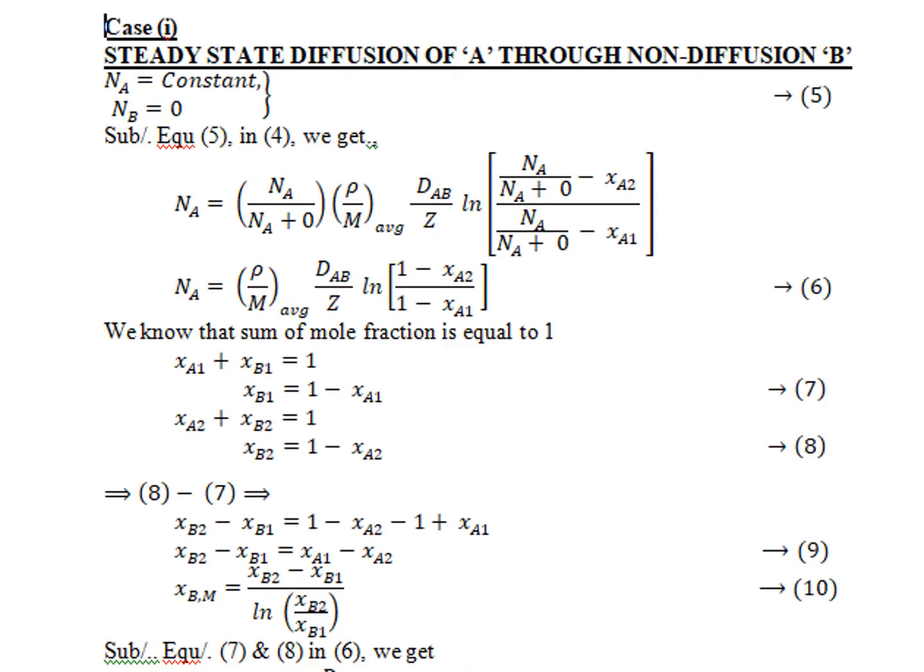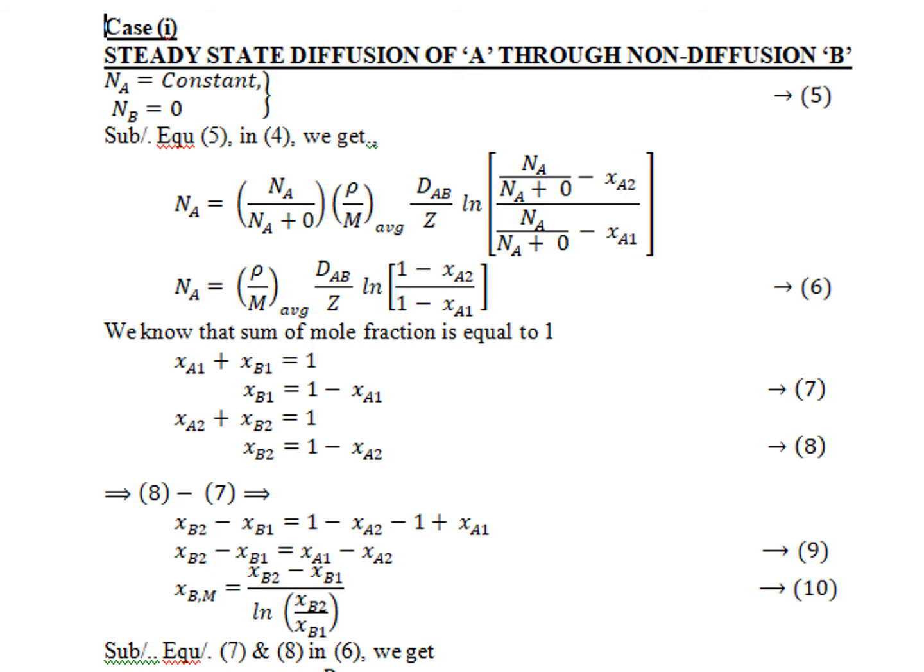Case 1: steady state diffusion of capital A through non-diffusing capital B. What is steady state? Steady state is nothing but, in mass transfer, the concentration does not change with respect to distance.